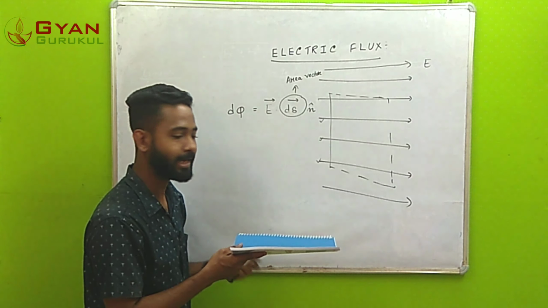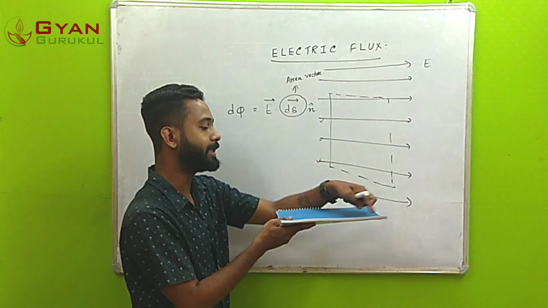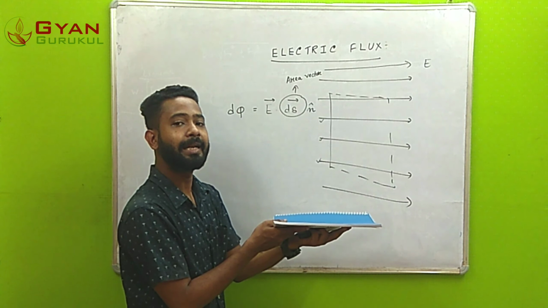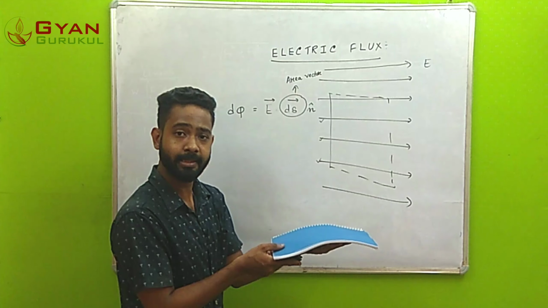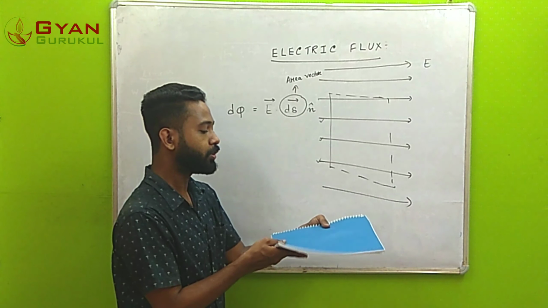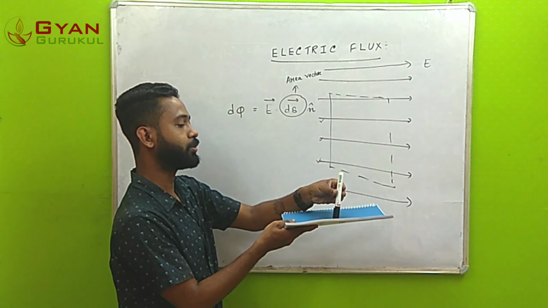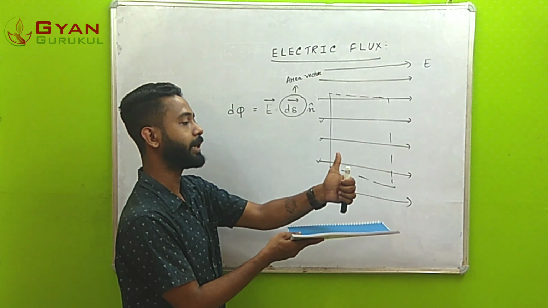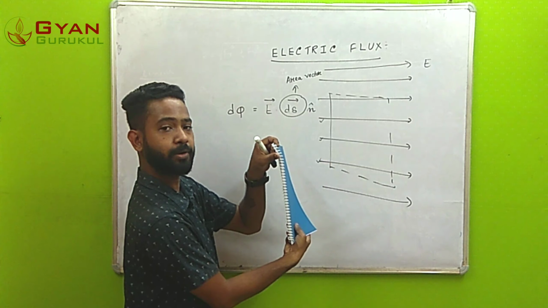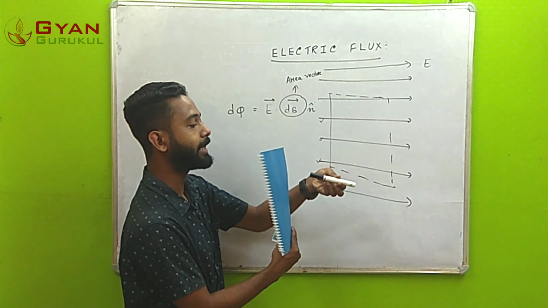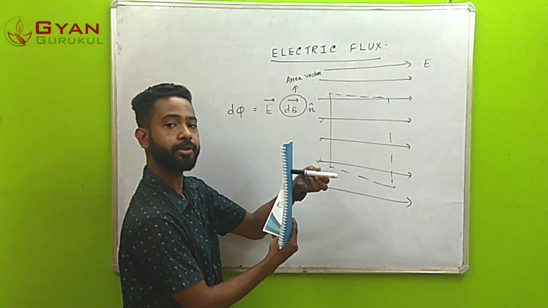That is what is meant by area vector. So for this surface, the area vector should be perpendicular to the surface and directed outward, right? So for this surface, the area vector would be directed in this particular direction, in the upward way. If I take this surface on this particular side, the area vector would be directed in this particular direction, right?